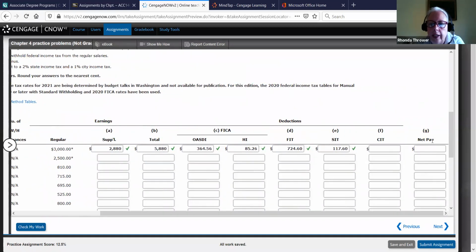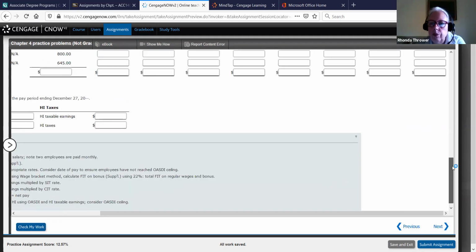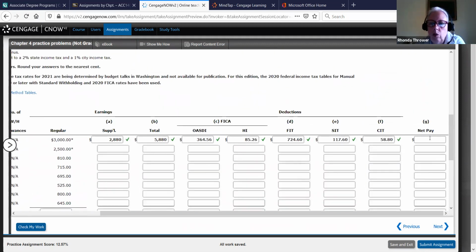And then we're going to calculate the city income tax. And it's based on 1% of the combined amount. So $5,880, 1% of that is $58.80. And then what's left for you to find is the net pay. So we're going to take the total gross pay of $5,880. We're going to subtract out the OASDI.